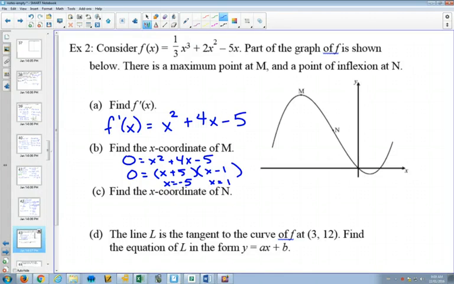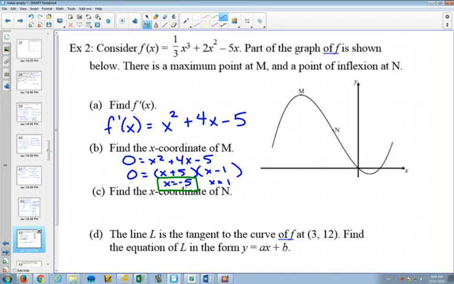In other words, our tangent is horizontal because our slope would be 0 at negative 5 and 1. What's the x-coordinate of m then as a result? Is it negative 5 or is it 1? It's got to be the negative 5 because we're given a graph and m is the negative value.